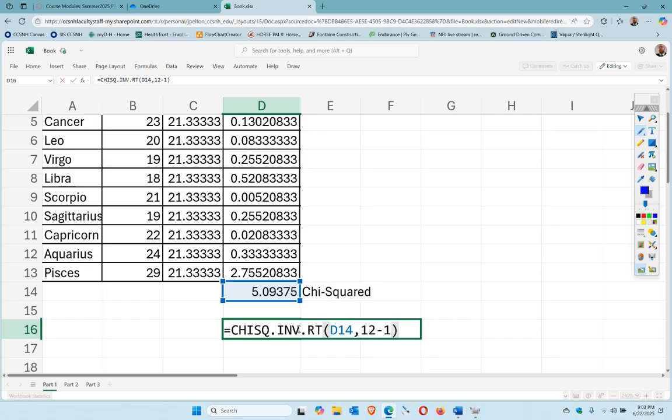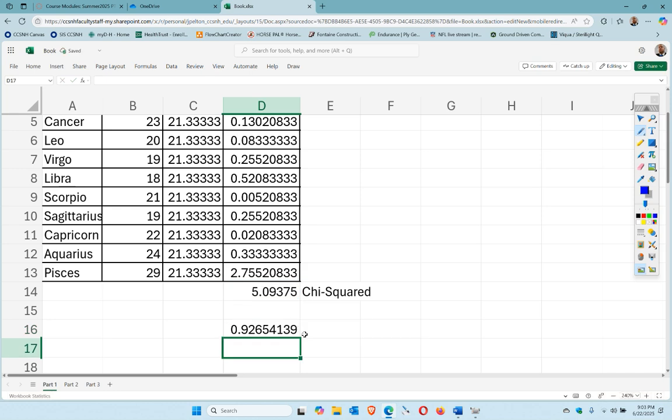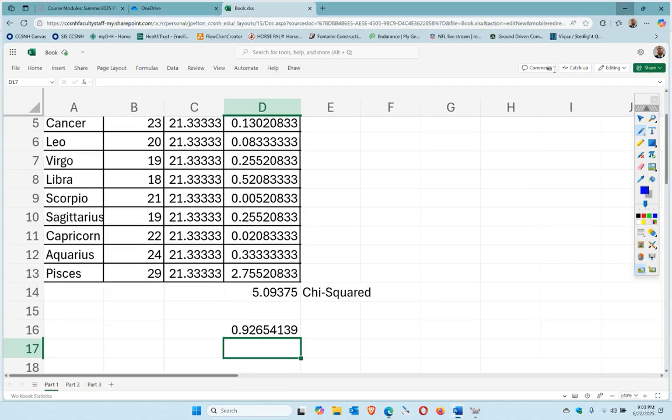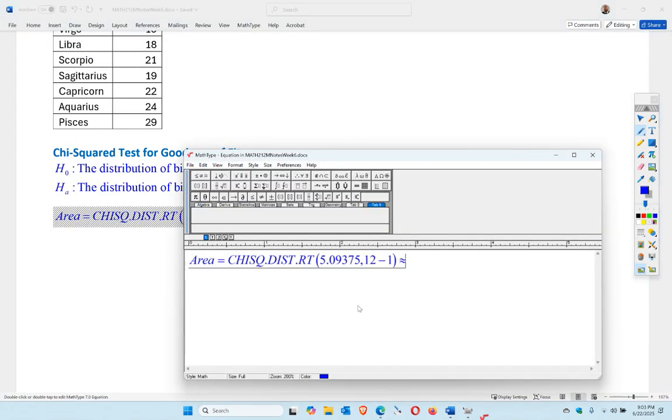Oh, I put inverse for some reason. I clicked the wrong one. Because inverse gives you the actual chi-squared value. We want the area, right? Okay, there we go. So 0.926541, dot dot dot. That's good enough. We don't really need all those. That is our p-value.